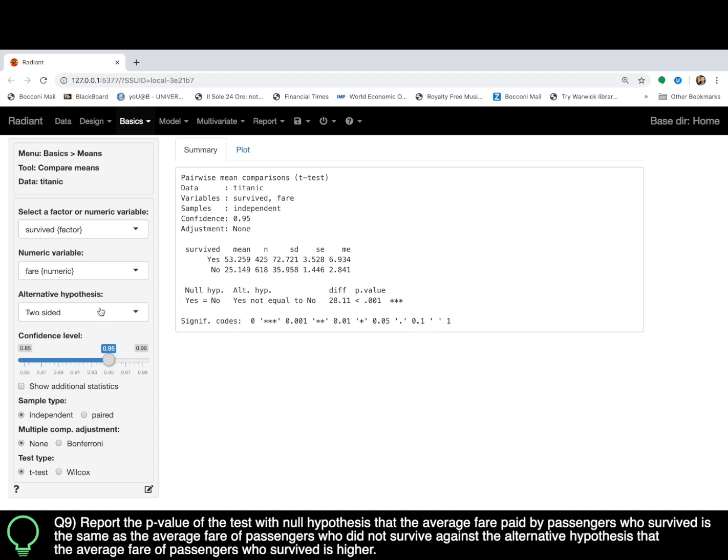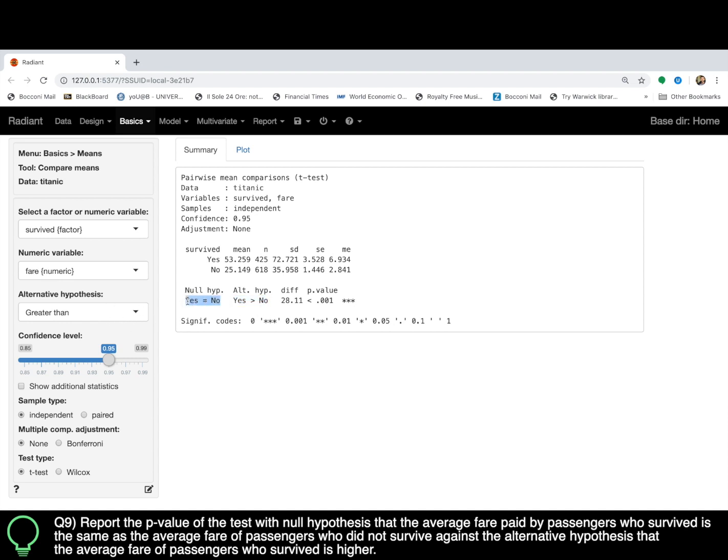You can play around with the alternative hypothesis and then double check that these alternative and null hypotheses are the ones you want. In particular, in this case, the alternative hypothesis is that the average fare of passengers who survived is higher. So this is a one-sided hypothesis, and this is the correct option that we want, right?